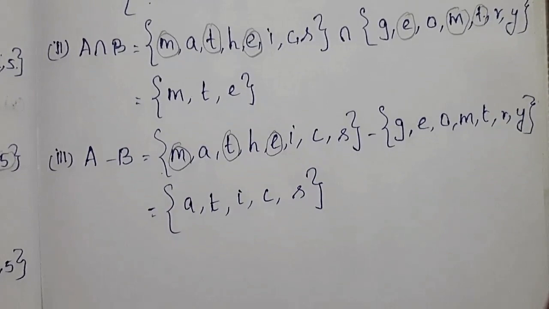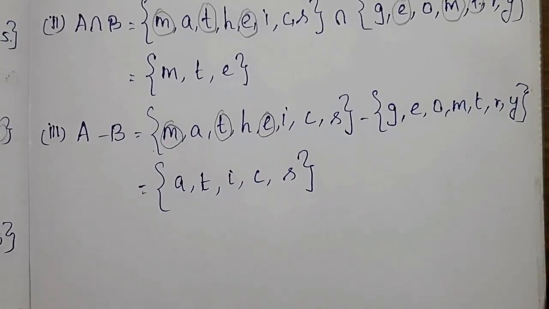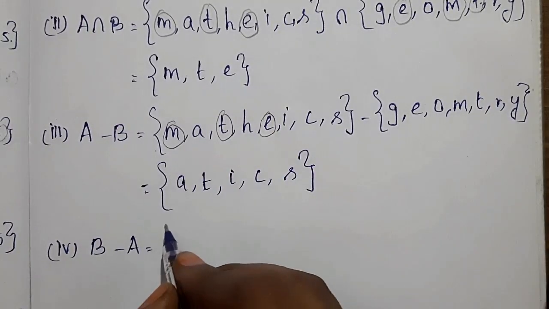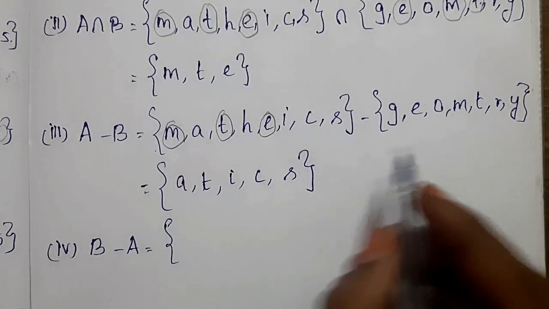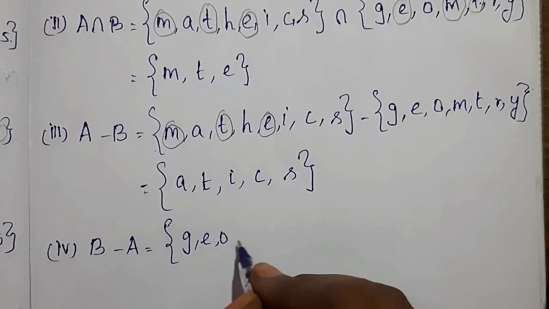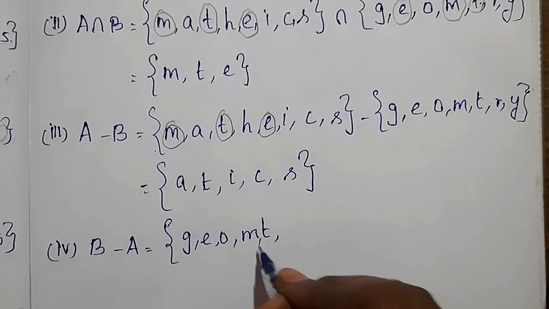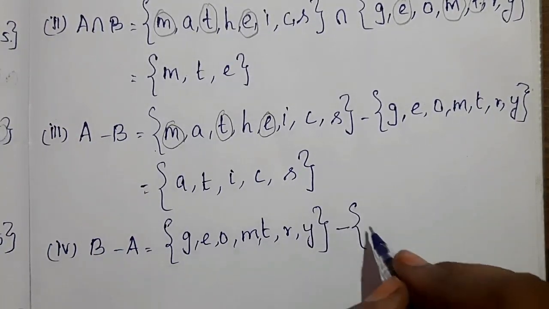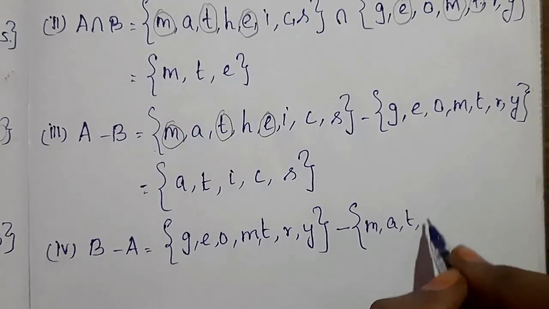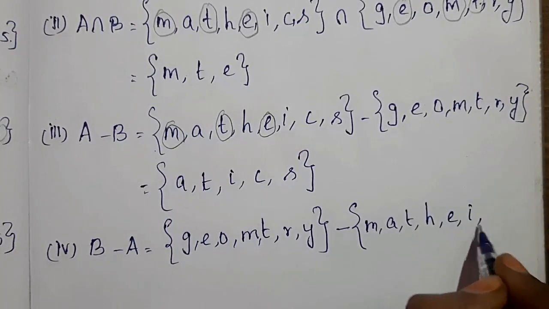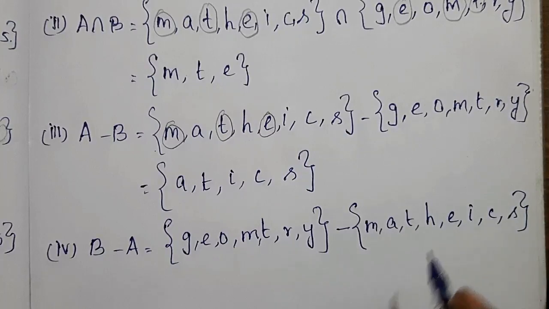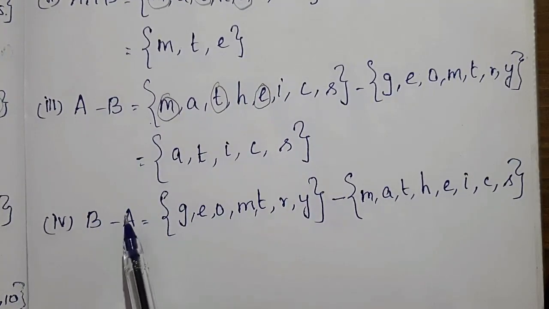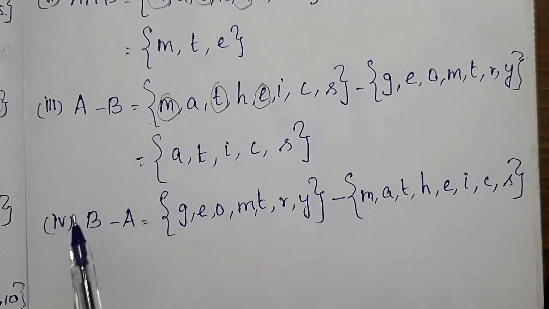So next we can write B minus A. Fourth one, B minus A equal to, write the B set first. So the B set is G, E, O, M, T, R, Y. Then minus the A set: M, A, T, H, E, I, C, S. The meaning is we remove A elements from the B set.